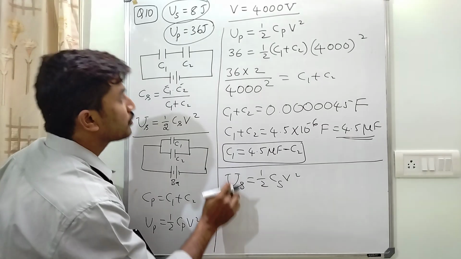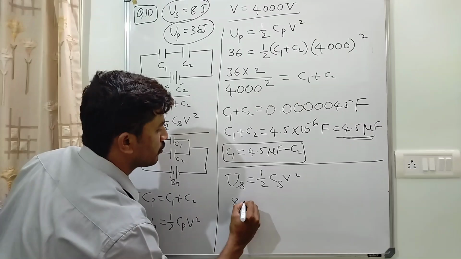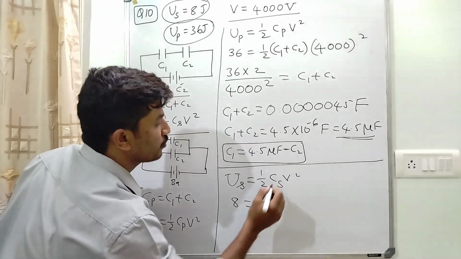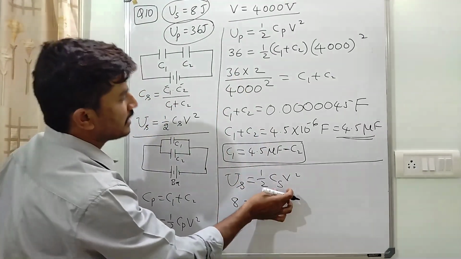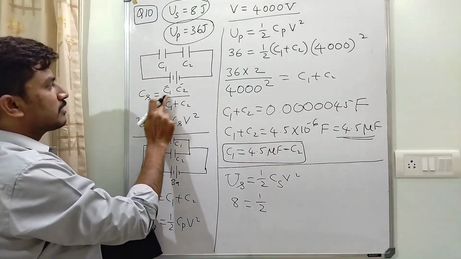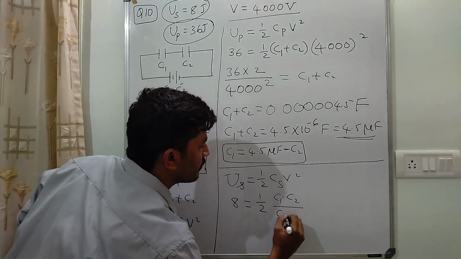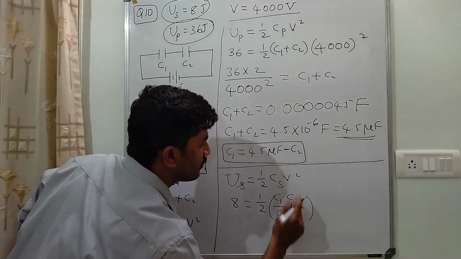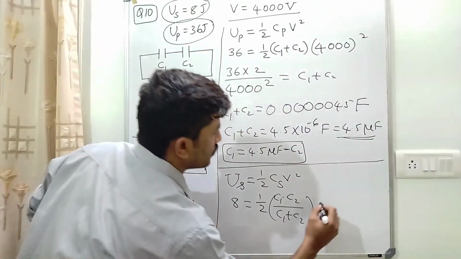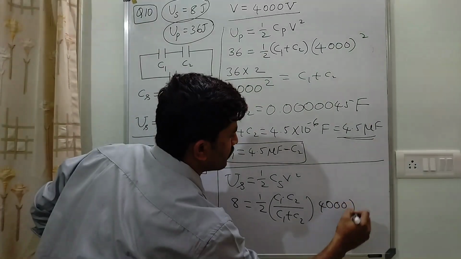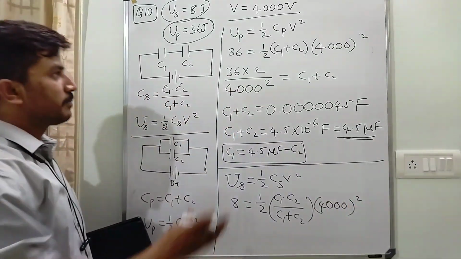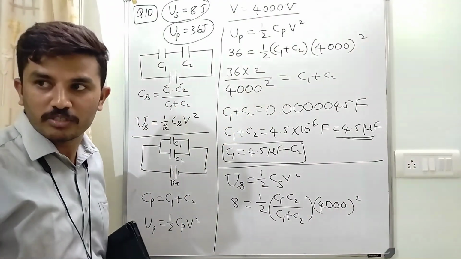So US is 8 joules, that is equal to 1 by 2 into CS. CS is C1 C2 divided by C1 plus C2, into V square, 4000 square. Let me erase this part and solve the remaining part.